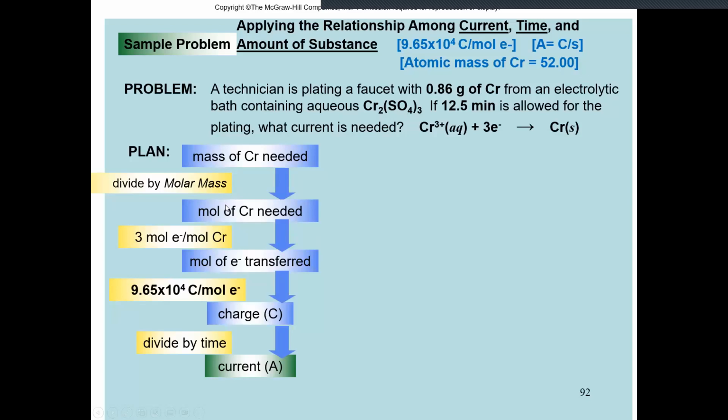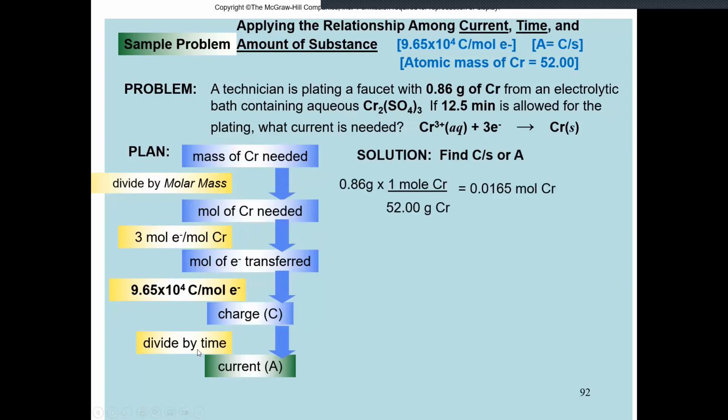So we're going to convert that into moles. And we know that from this equation, for every mole of copper you get, you need 3 electrons. So it's 3 moles of electrons per mole. But then we know that there's 9.65 times 10 to the 4 coulombs per mole. So we just multiply by that and then divide by time.